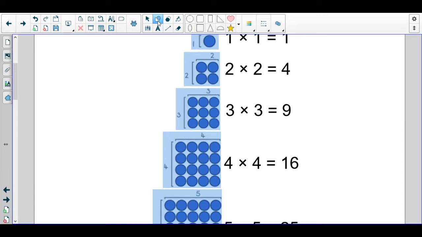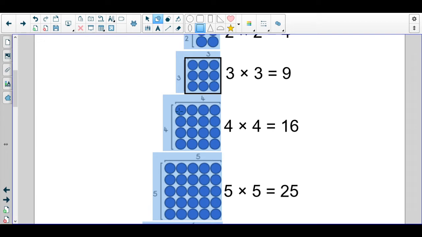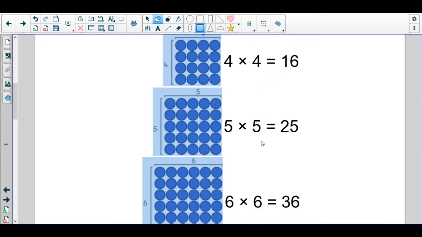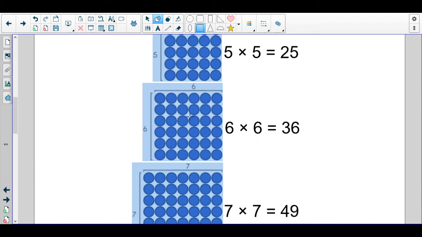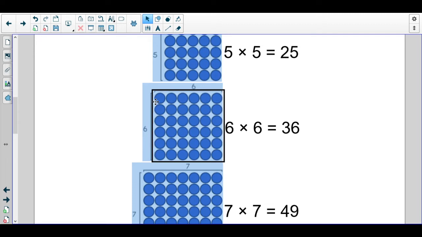And I think that right now, hopefully what you can see is that the reason that we call them a perfect square is because it makes a square. 4 times 4, that's 16. 5 times 5 is 25. 6 times 6, 36. And again, we have a square that is created by those tiles.